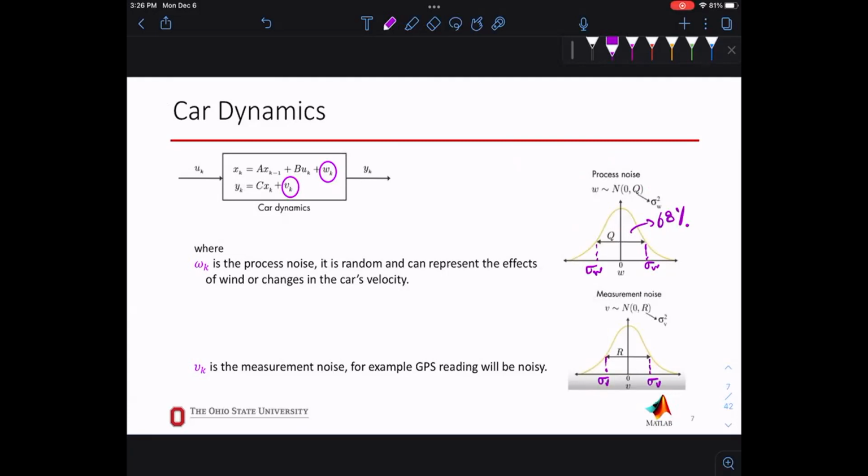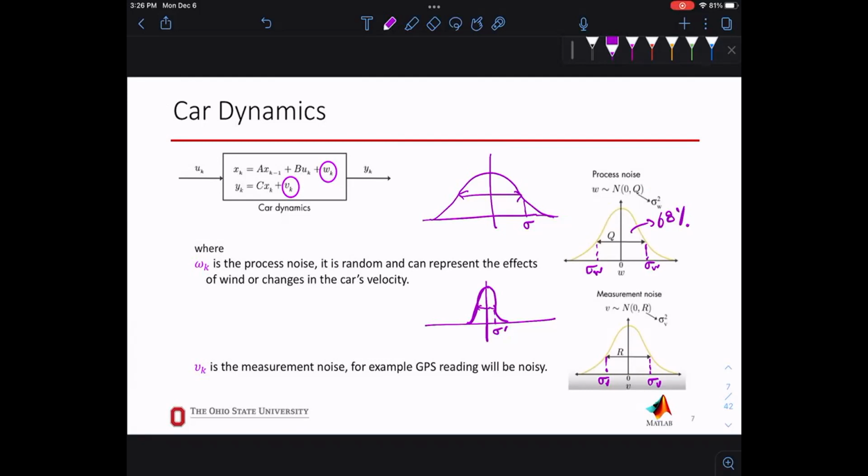So these two tell us how much we can trust. You could have a bell curve, or Gaussian, that looks very wide, or very narrow. Let's say there are two sensors, two encoders.